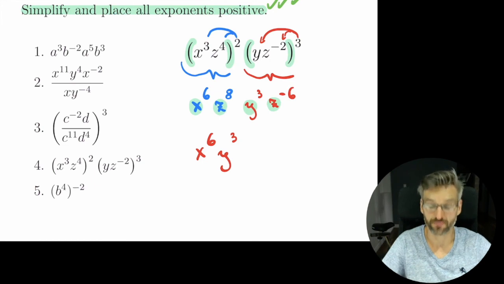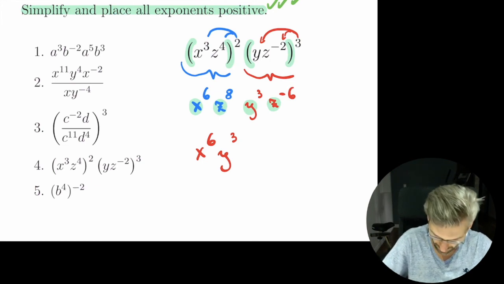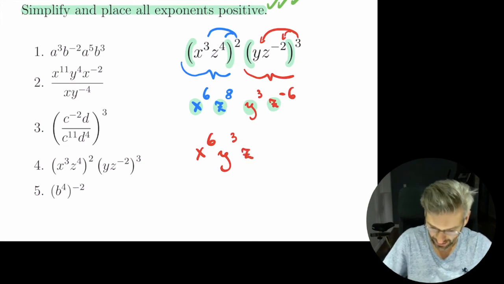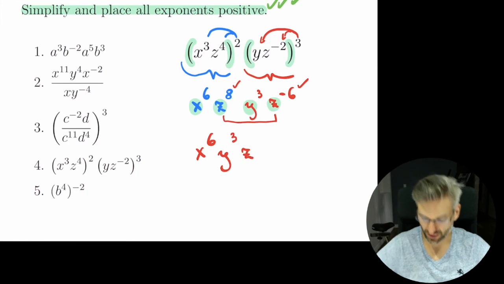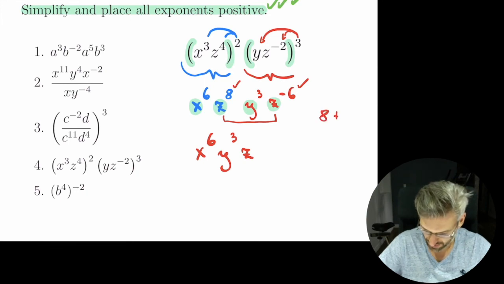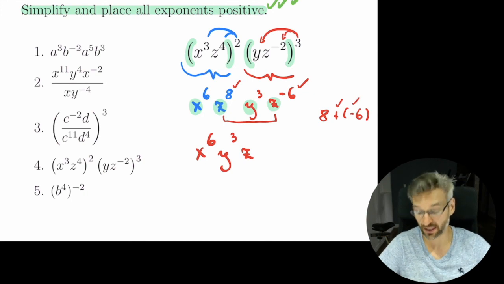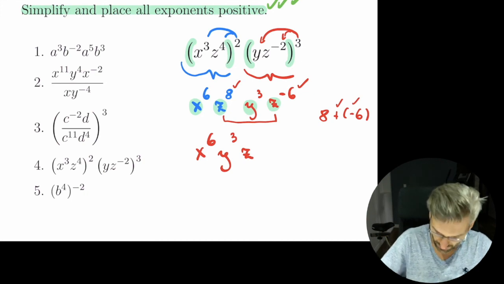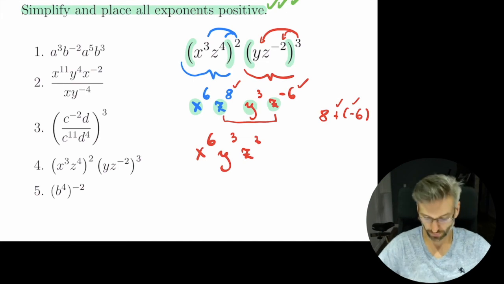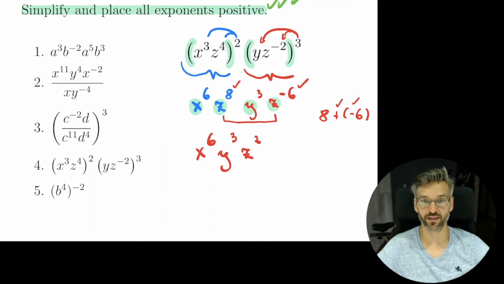Again, the order doesn't matter. I'm actually putting them in alphabetical order. And then z, notice it's 8, and we're going to be adding these 2 exponents. So 8 plus negative 6, but the positive and negative is actually a negative, so it's a subtraction. So this is going to be a 2. And that would finish that off because we can't simplify it any further.